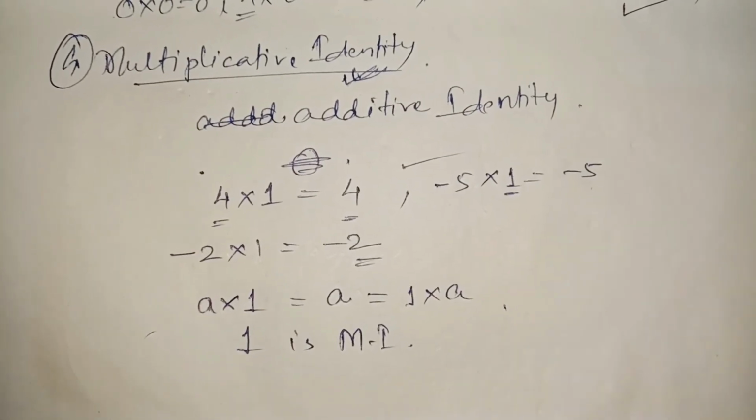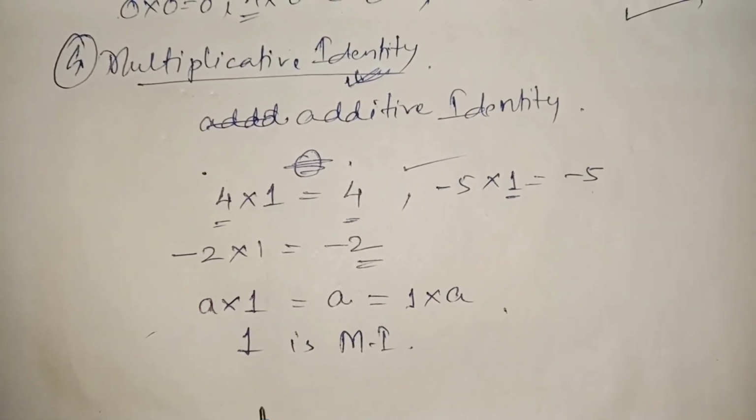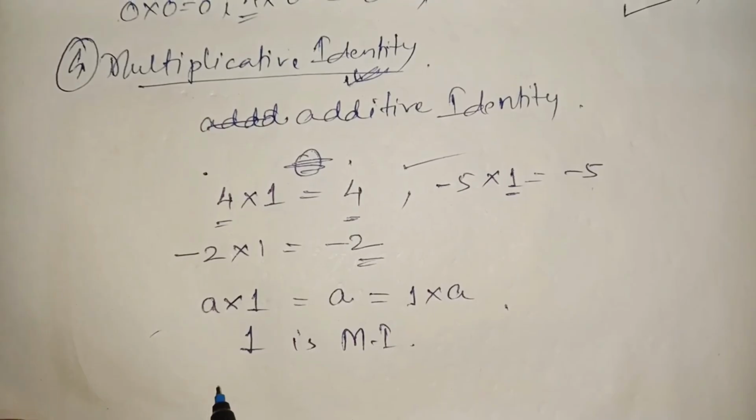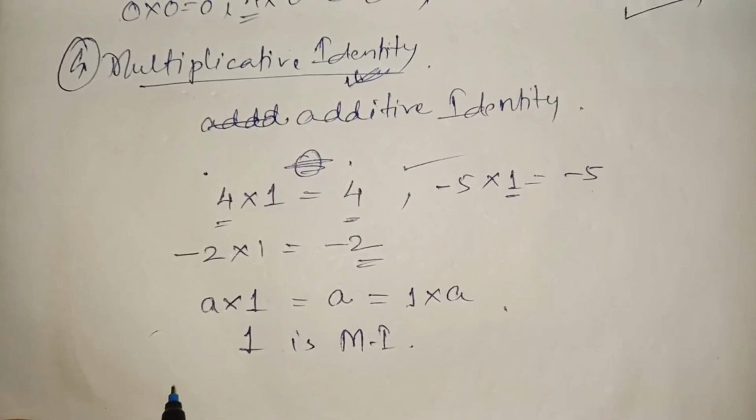One more thing I want to add here is that we get the additive inverse of any integer a if we multiply it with minus 1.